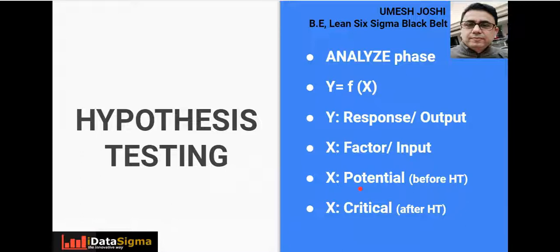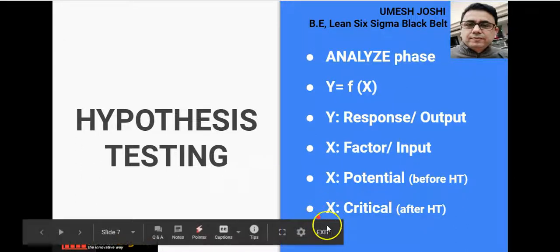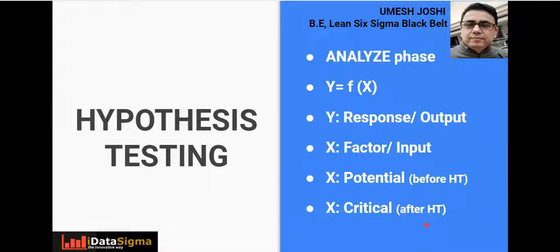And here comes the role of hypothesis testing. Hypothesis testing validates the potential factors and tells us the real critical factors. These real critical factors are responsible for the Y measure.